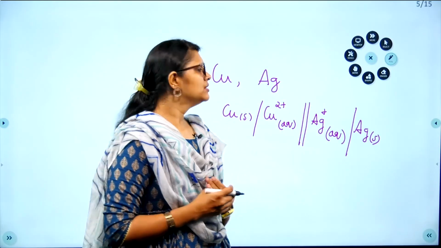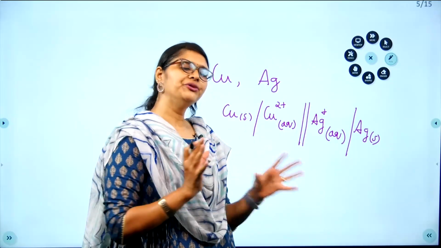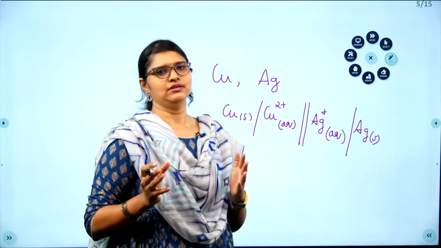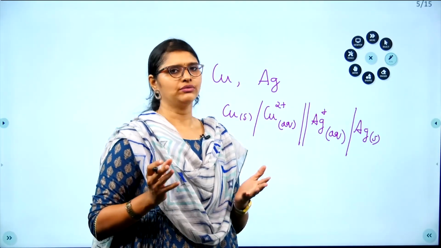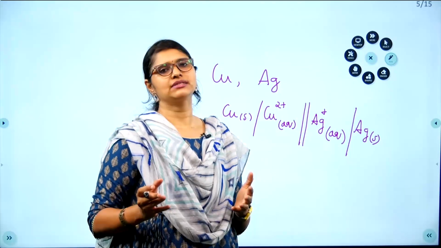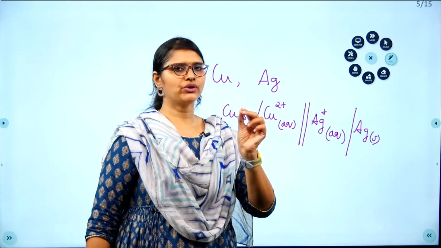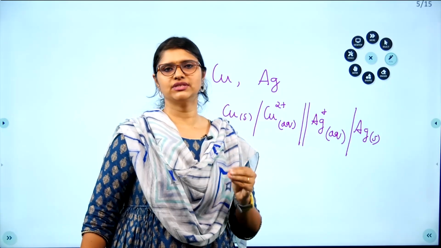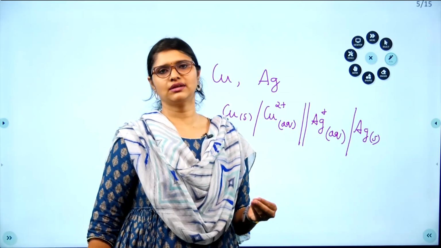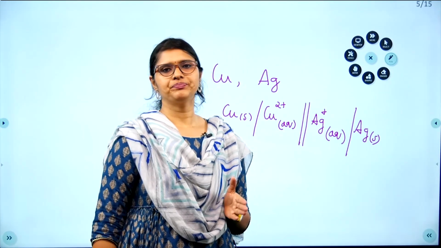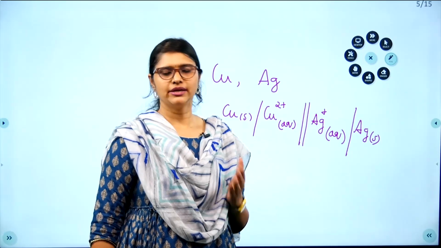So if any elements are given to us, we can note down or tell which will act as a cathode and which will act as an anode. Whichever is more reactive is taken as anode and whichever is less reactive will act as cathode. Am I right? So now we will see how to calculate E naught cell.